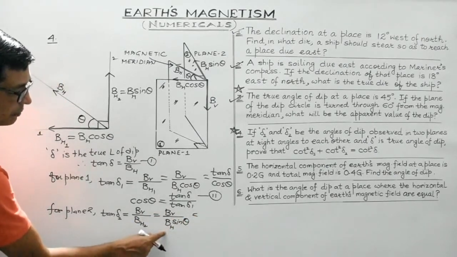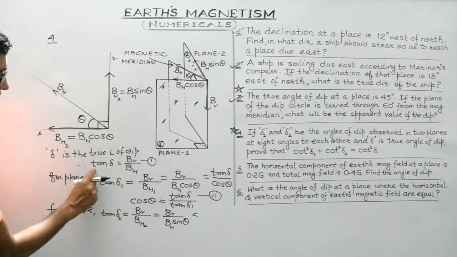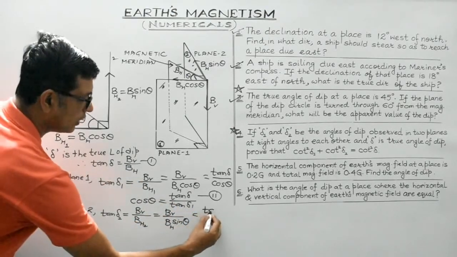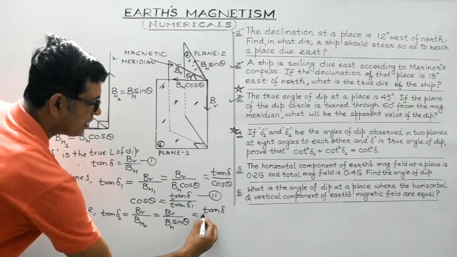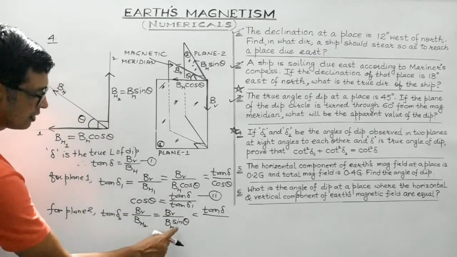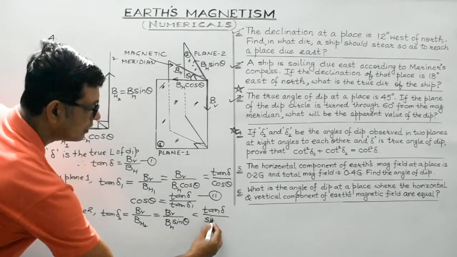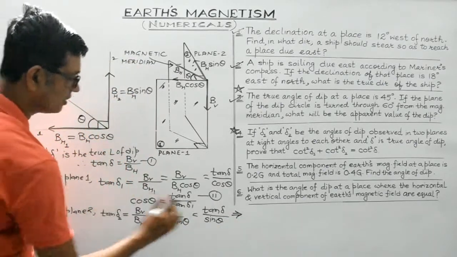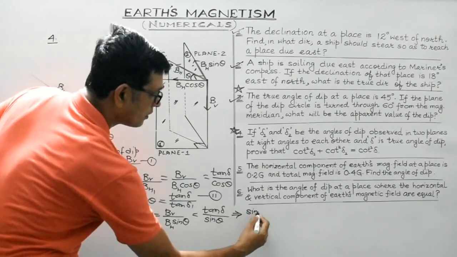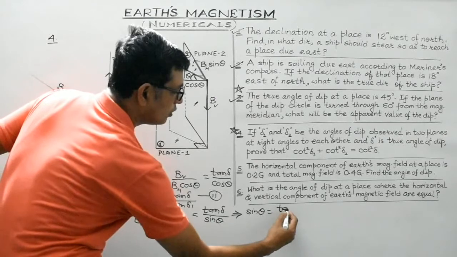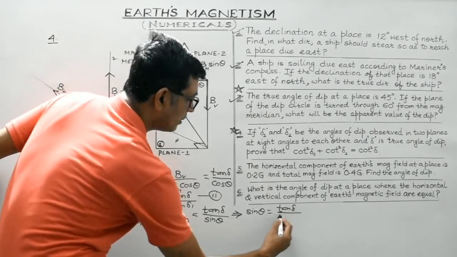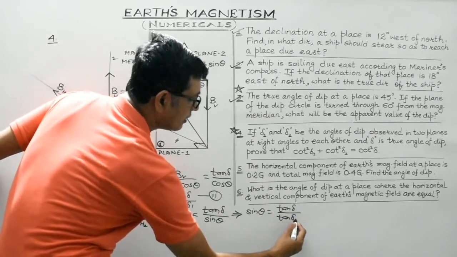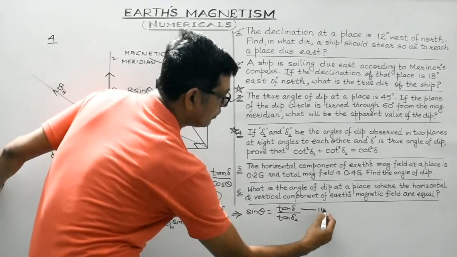Now BV divided by BH is tan del, where del is the true value of angle of dip. So tan del 2 equals tan del divided by sin theta, which implies that sin theta equals tan del divided by tan del 2. Put this as equation number 3.